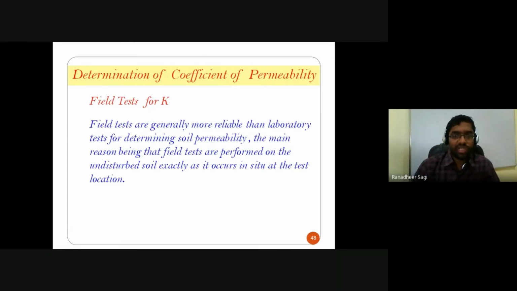So that's the reason the K value that we determine from the field test is going to be more realistic compared to what you determine from your lab. Field tests are generally more reliable than laboratory tests for determining soil permeability. The main reason is that field tests are performed on the undisturbed soil, which is exactly as it exists in your field.